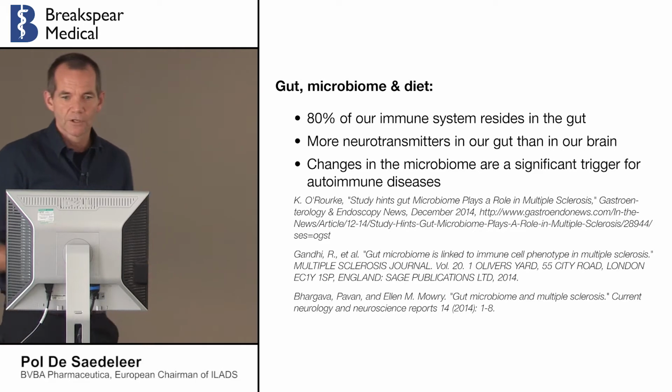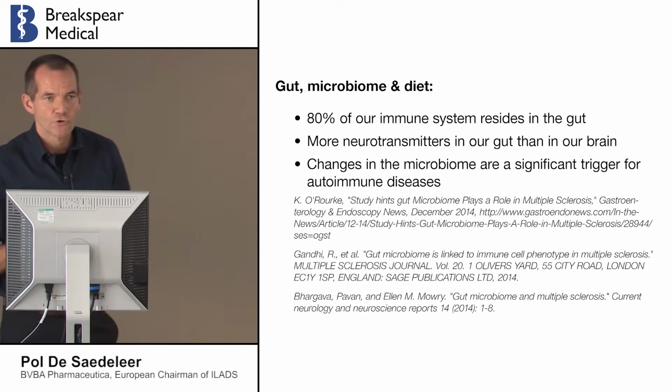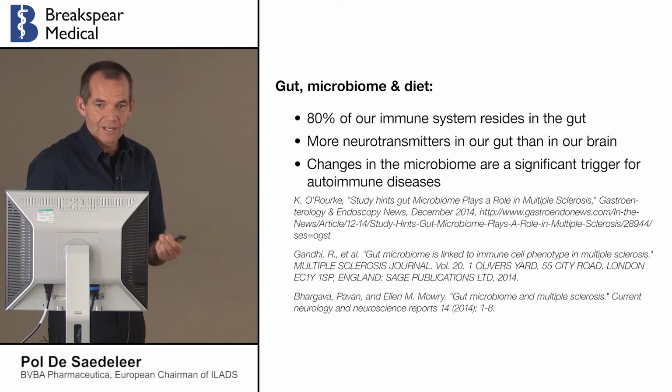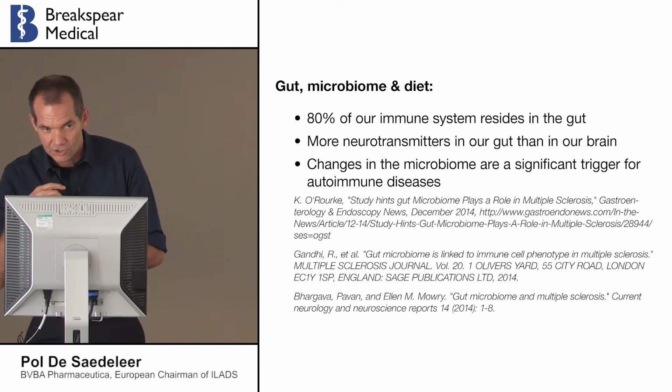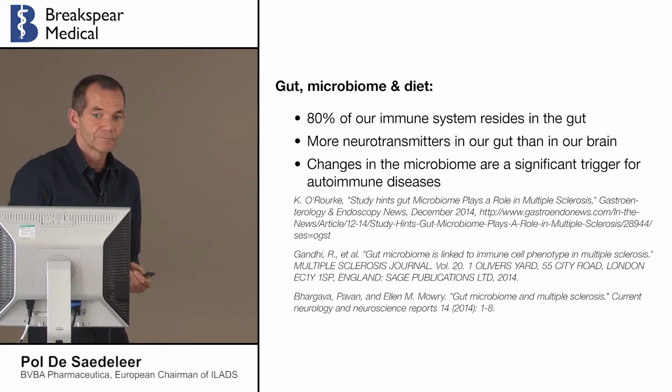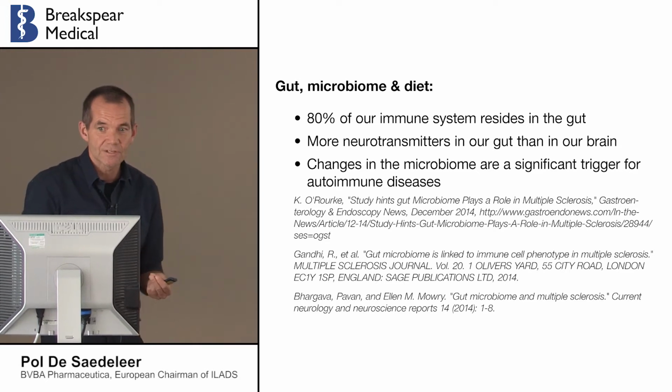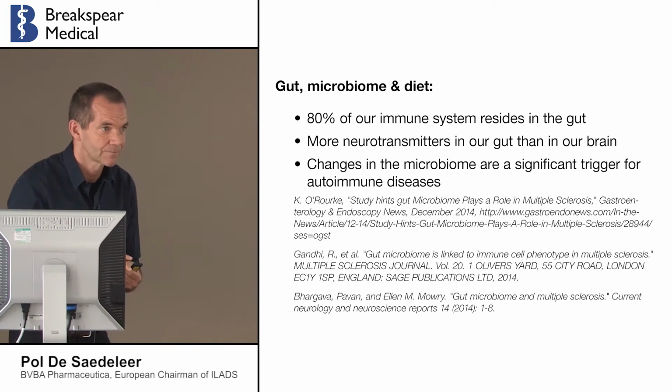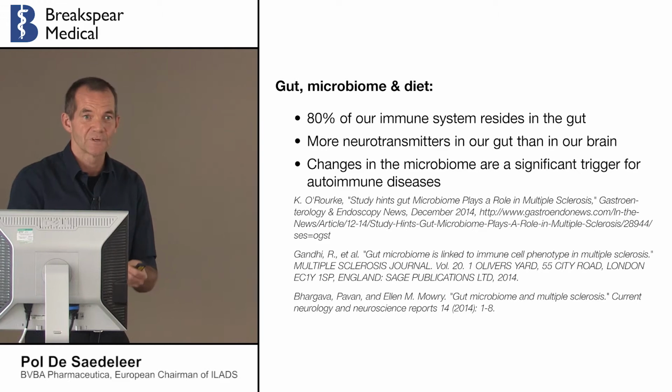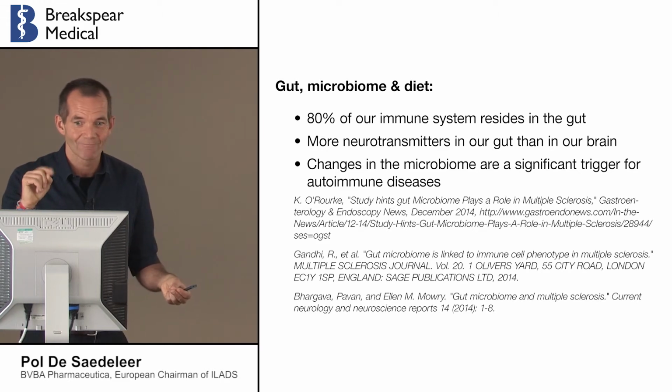Gut, microbiome and diet. No wonder gut and gut system are involved, because 80% of our immune system resides in our gut. We have more neurotransmission in our gut than in our brain.